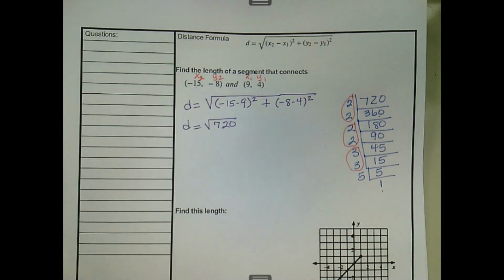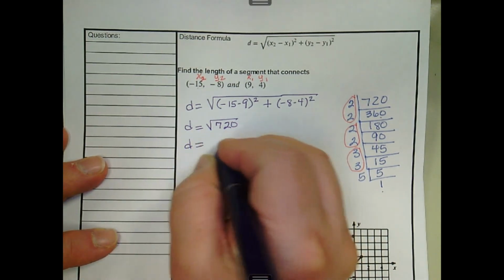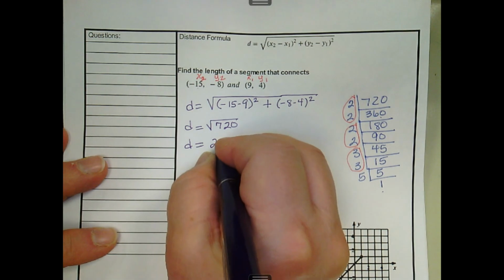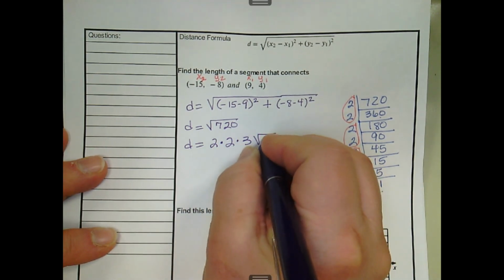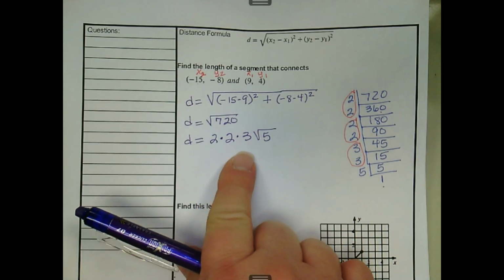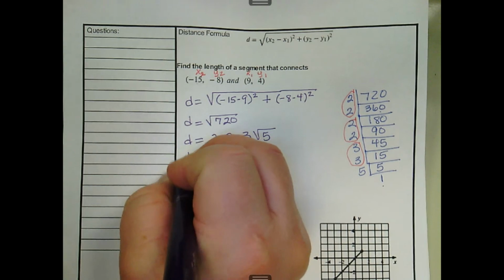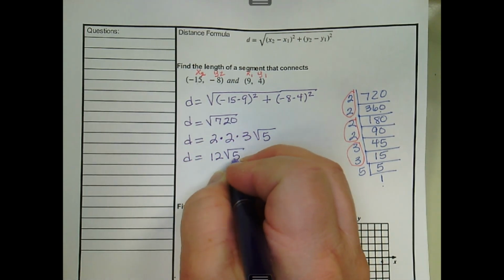So our distance is equal to 2 times 2 times 3 square root of 5. 2 times 2 is 4, times 3 is 12. Our distance is equal to 12 square root of 5.